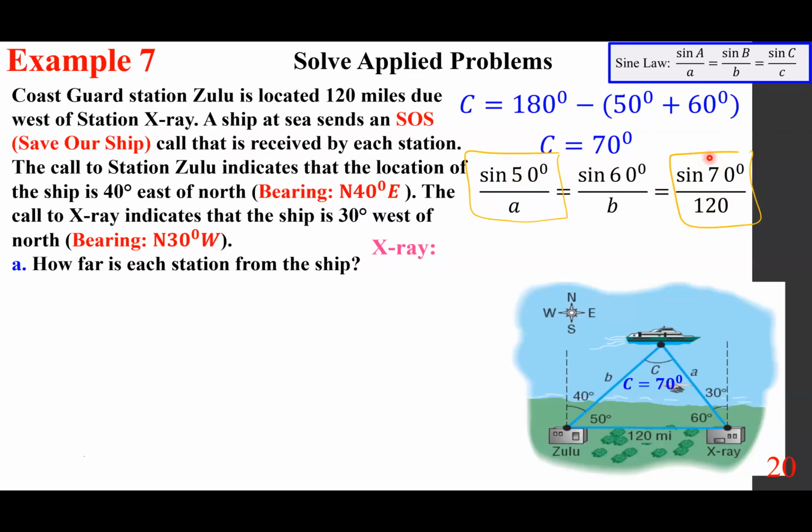That's for A. And of course, A means the distance for X-ray. A is the distance the ship has from X-ray station. Plug it into a calculator.